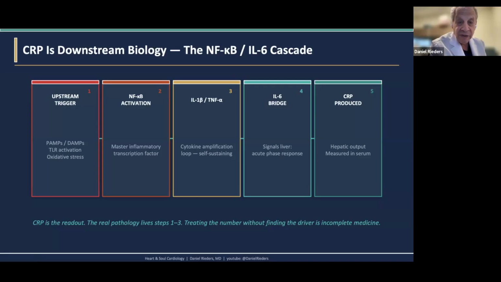So it's a master inflammatory transcription factor that's in the cell. It's being told to do that. So what tells the body to produce NF-kappa B? Well, let's go upstream from that. Something called PAMPs, DAMPs, toll-like receptor activation, oxidative stress. So now we're getting there. So these are the messengers. PAMPs are pathogen-associated molecular patterns, and DAMPs are damage-associated molecular patterns.